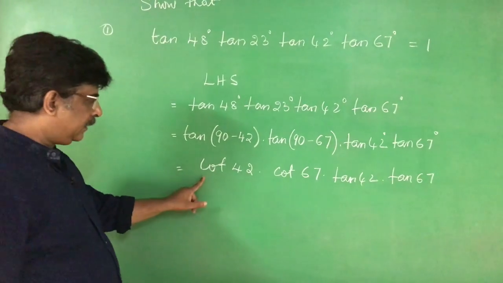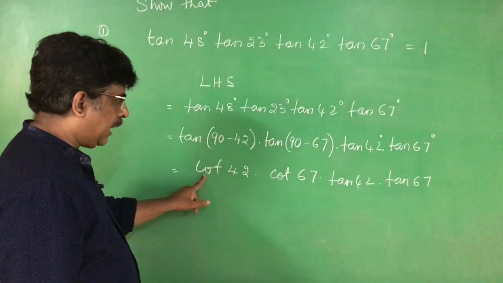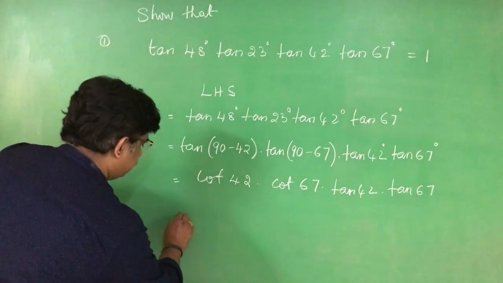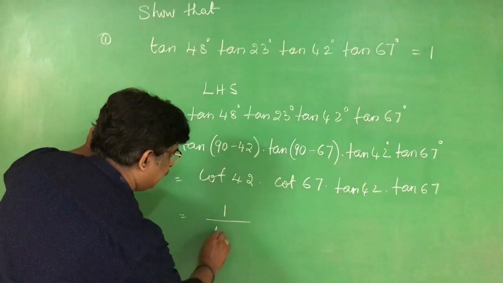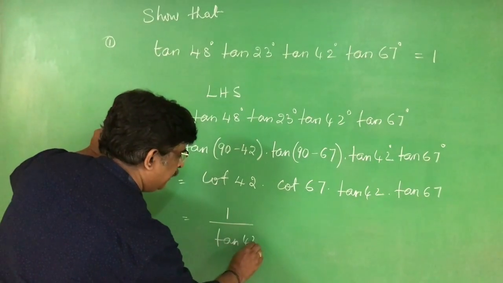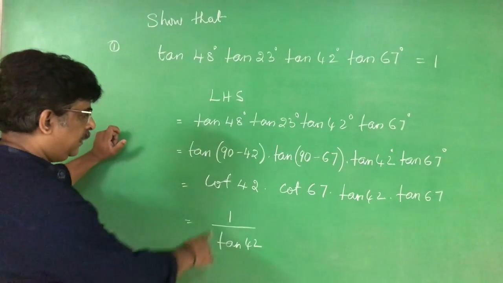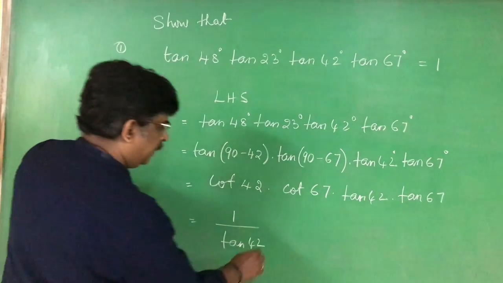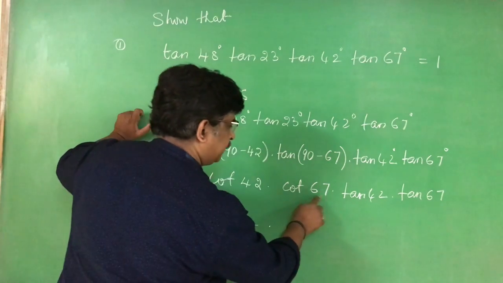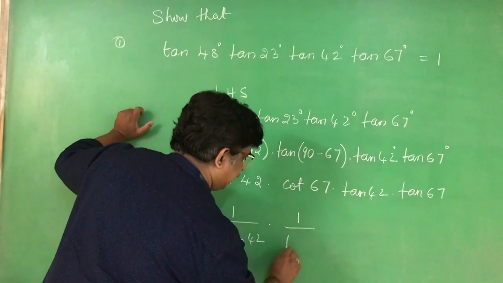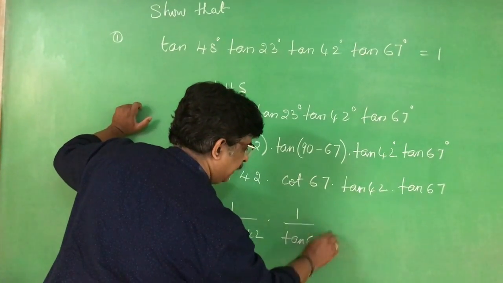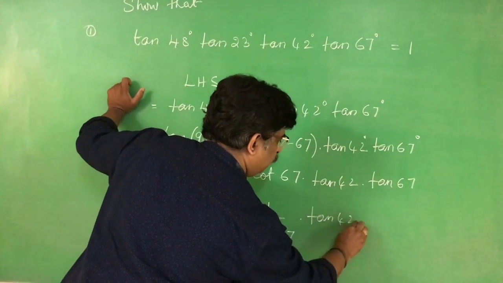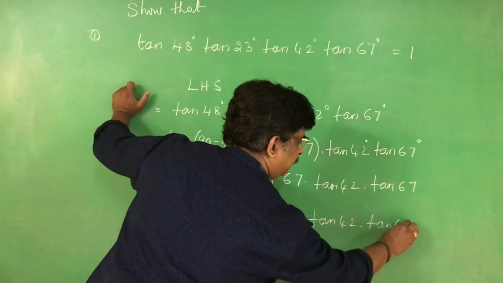Now we know that tan and cot are reciprocals. Cot 42 can be written as 1 by tan 42, and cot 67 can be written as 1 by tan 67, into these two, tan 42, tan 67.